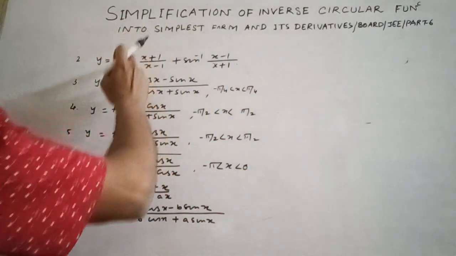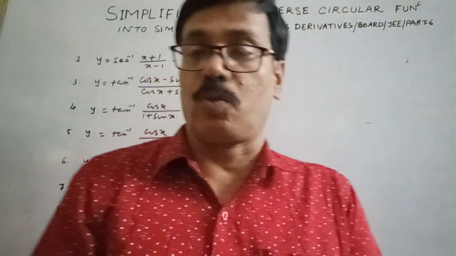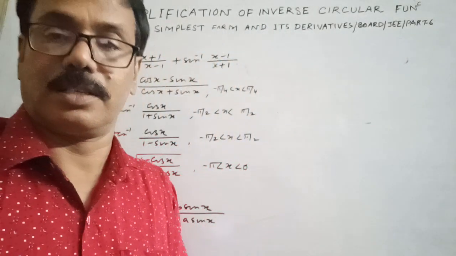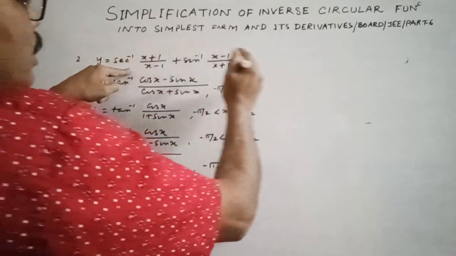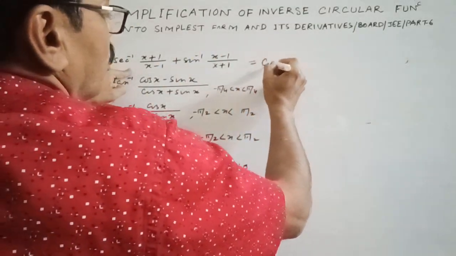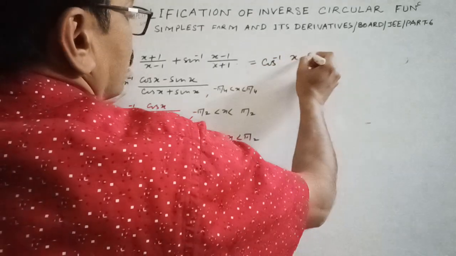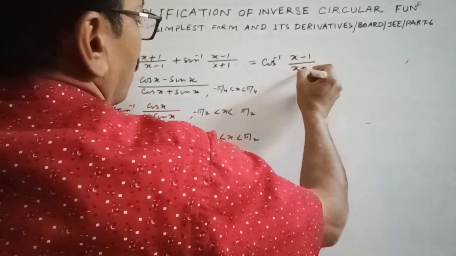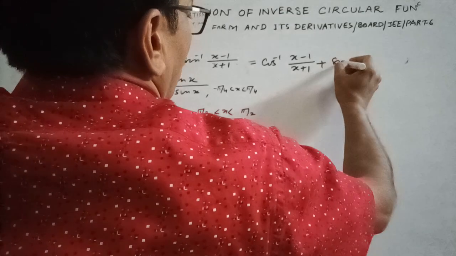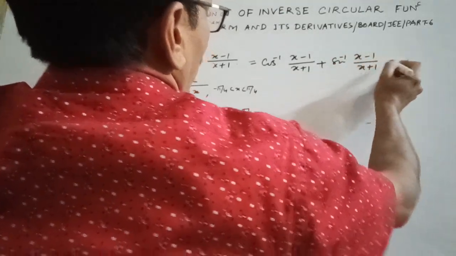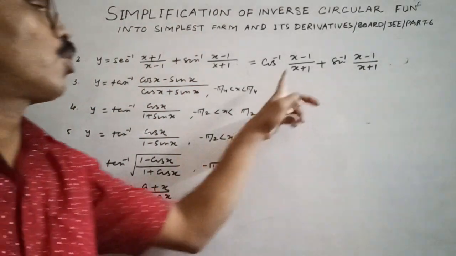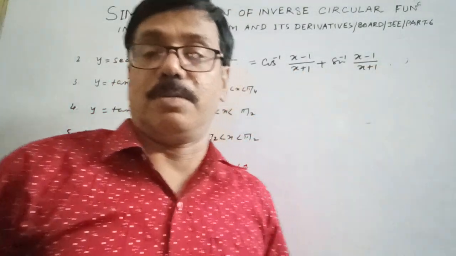Now you know sec inverse x equals to cos inverse 1 by x. So look, if we transform it in terms of cos inverse, it will be cos inverse x minus 1 by x plus 1, and this is sin inverse x minus 1 by x plus 1. So cos inverse x plus sin inverse x.